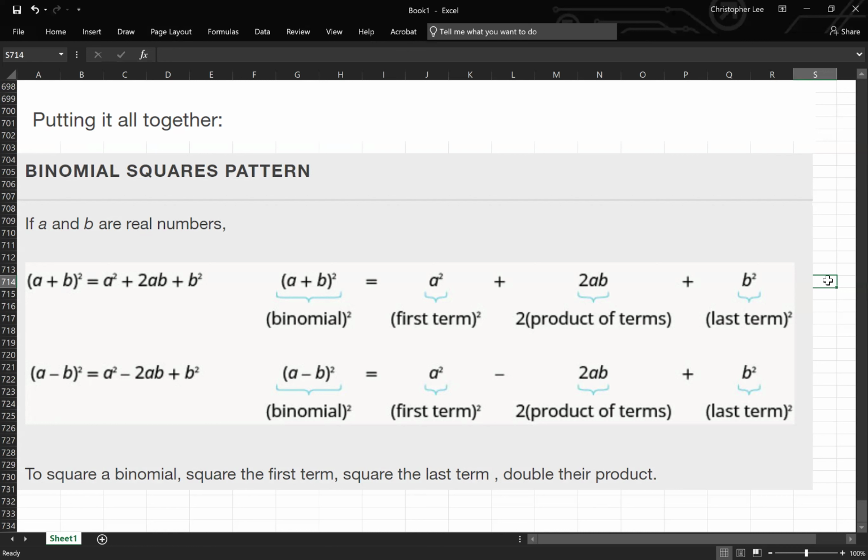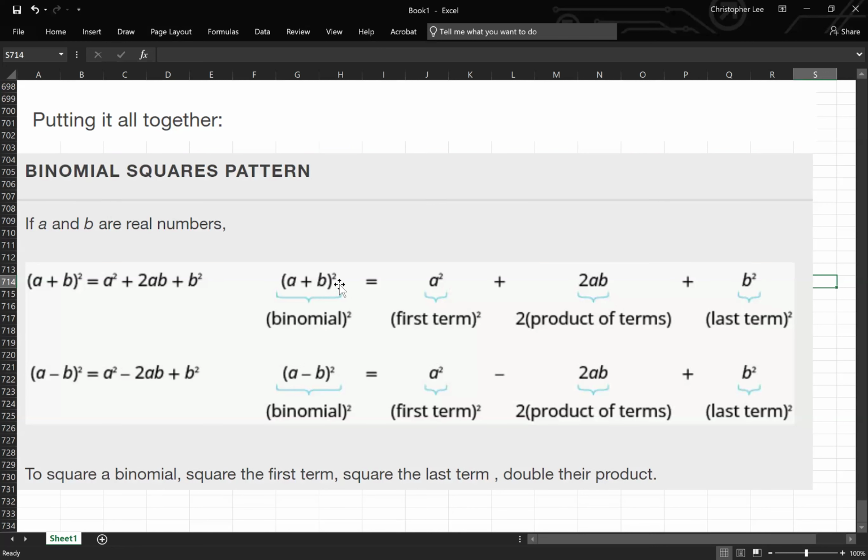So if a and b are real numbers and you have (a + b) squared, it's going to be equal to this pattern right here: a squared + 2ab + b squared. So in terms of the binomial, where does it come from? The first term is squared, that's the a squared. The middle term is going to be 2 times the product of a times b. And the last term is going to be what?